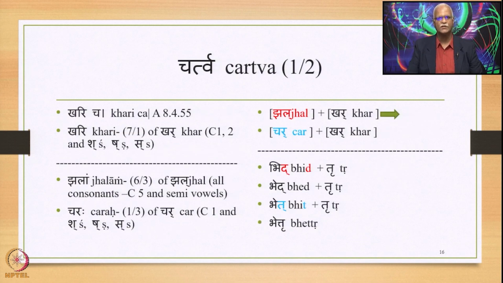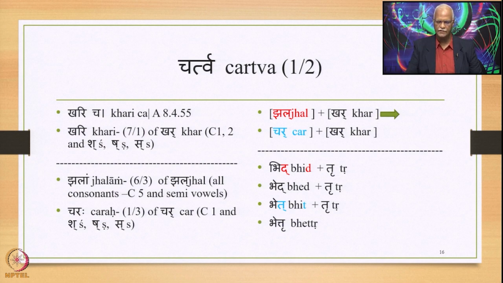Then we have charatva sandhi, stated by the sutra kharicha, 8.4.55. Kharicha has two words, khari and cha. Khari is 7/1 of khar, and khar means consonants 1 and 2, and sh, sa.